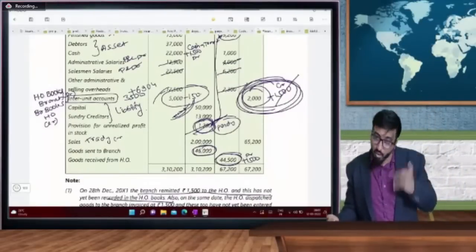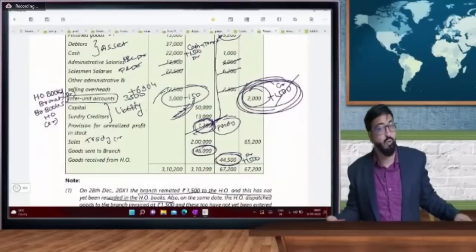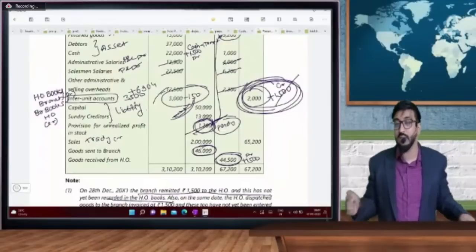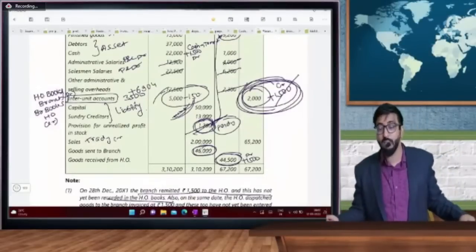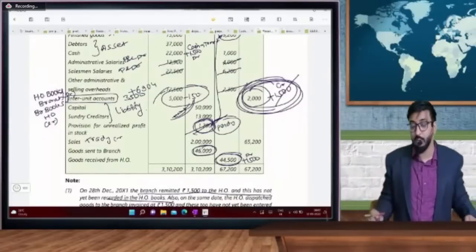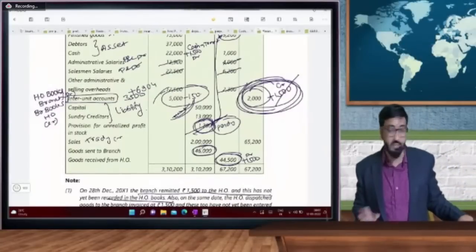So it has to be cancelled in the profit and loss account and not the trading account. Previously also we solved some questions in which we cancelled inter-unit profit transfer, and that inter-unit profit we have to consider as unrealized profit. You have to consider it in the profit and loss account. That is a rule.